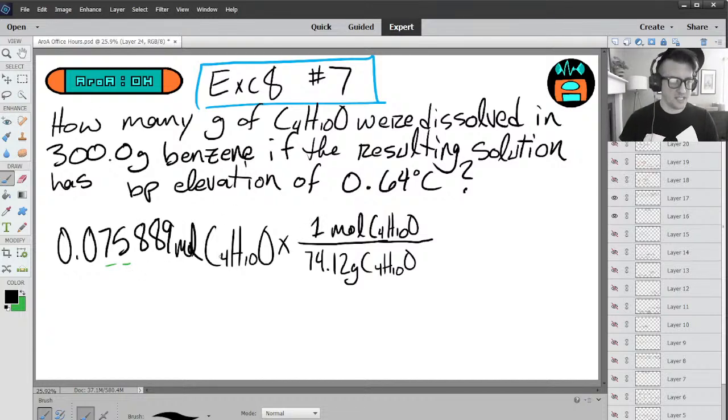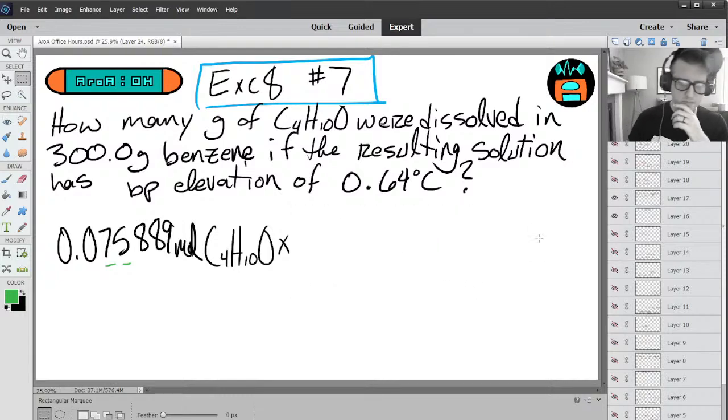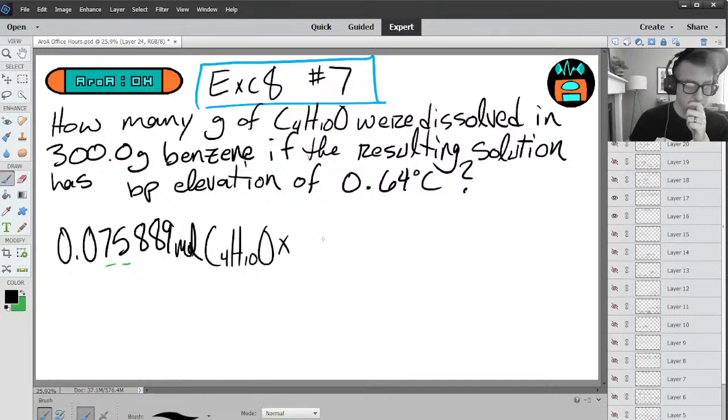I just set up this thing wrong, and here's how you can tell. Moles doesn't cancel grams. We're trying to find grams, right? Let's try this again. So we're going to put moles in our denominator.